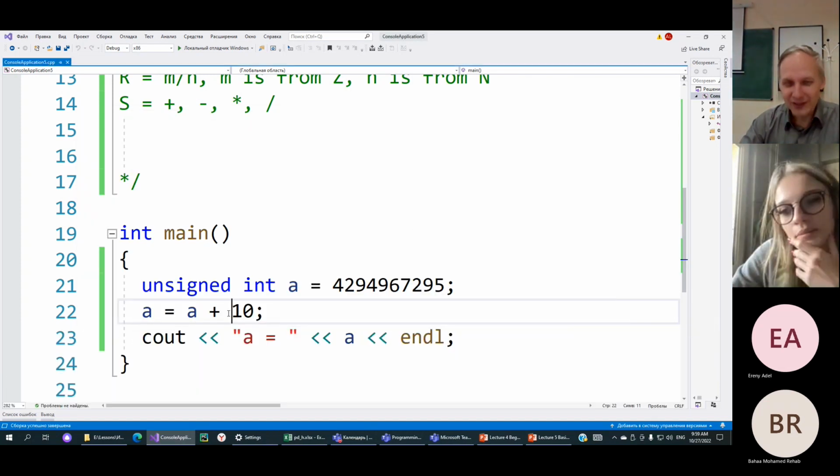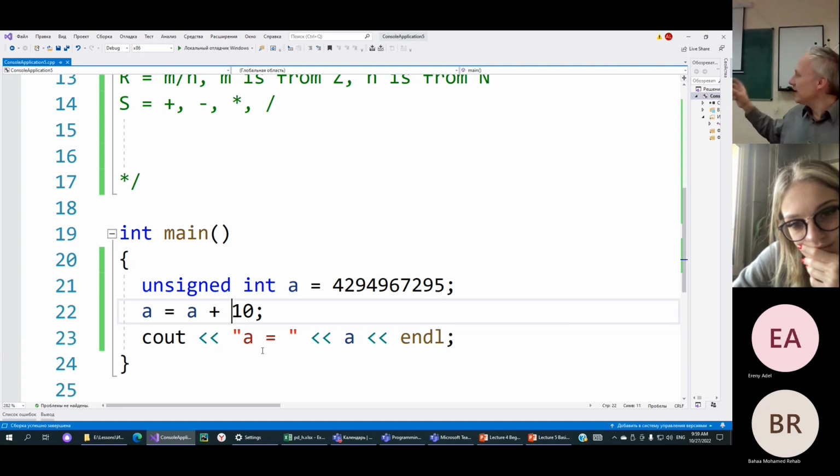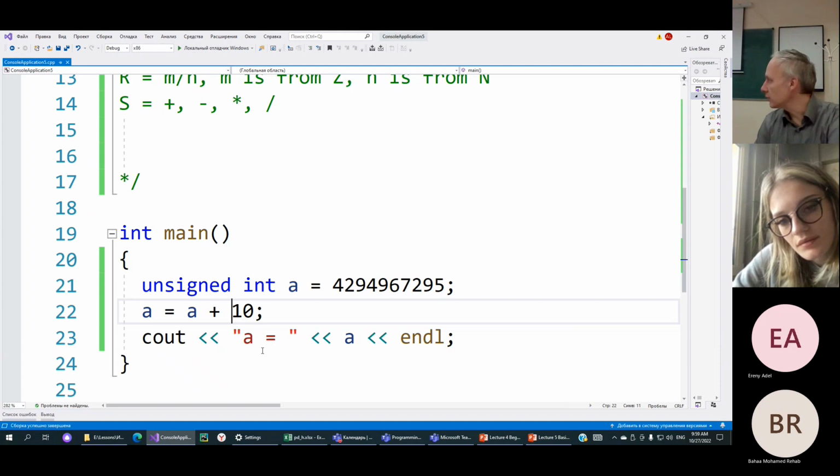So again, these examples I show you only to stress that we cannot represent in a computer very, very large numbers and very, very small numbers. Any data type, including this type int, has a special range of representation.